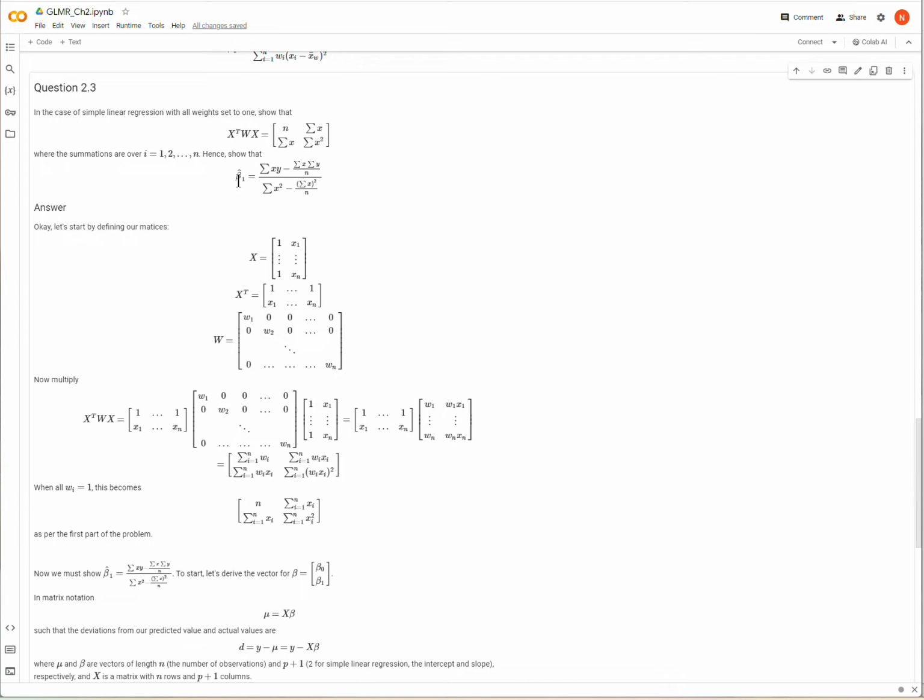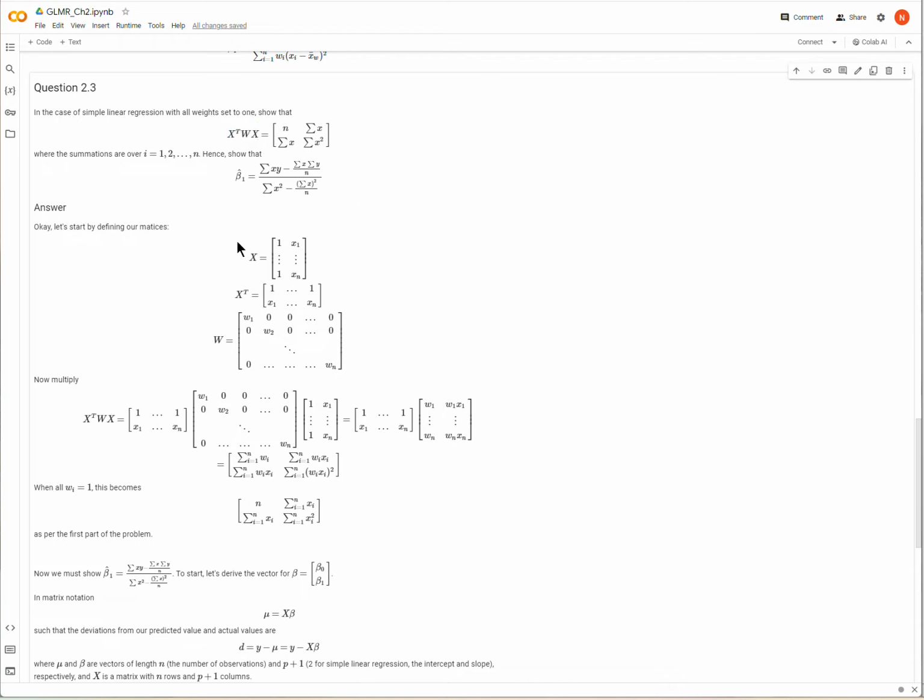Given that this is part of that expression for the beta vector, the slope beta 1 comes out to equaling this.